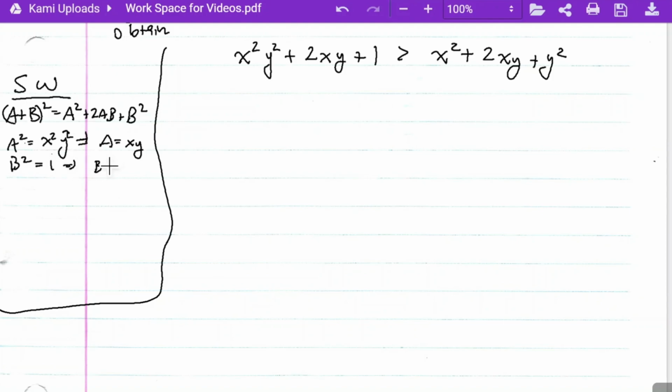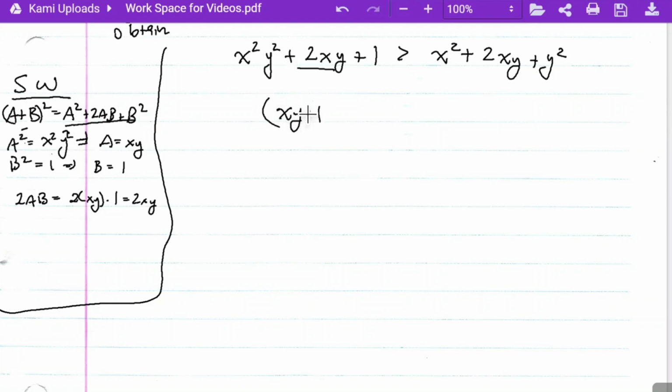So then my b is equal to 1. So then my 2ab is equal to 2 times xy times 1, which is 2xy. So in order to complete the square, because I want to get from this expression right here to this expression, I need to add in this term. And then if you do the same thing, you'll find that this is also going to give me this on this side too.